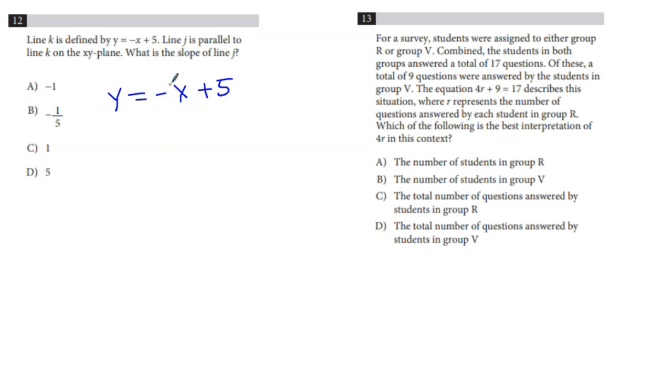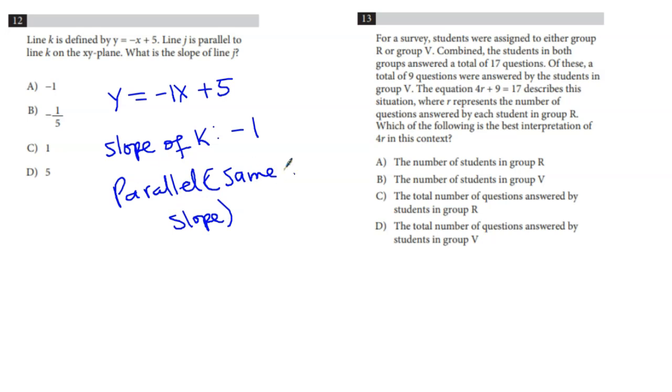As you're looking here, there's no number, so there's 1 here. So the slope of line K is what? This here, which is -1. But what do you know about parallel lines? They have the same slope. So the same slope, so it's going to be -1.